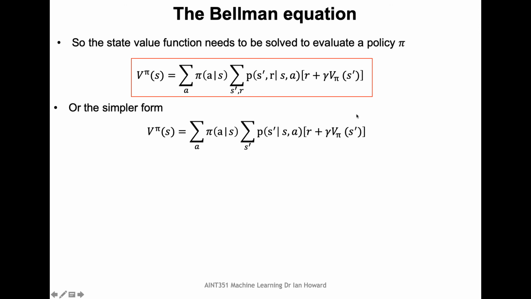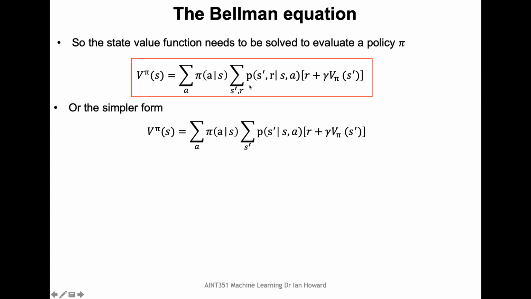This version above is a slightly more complicated version, because it uses a transition matrix which also has the joint probability with the reward in there. So you might see this form occasionally, where we have to sum across not only future states but also rewards. This version here is the simpler version that we just discussed, and this just sums across all actions, across the policy, and all future states.